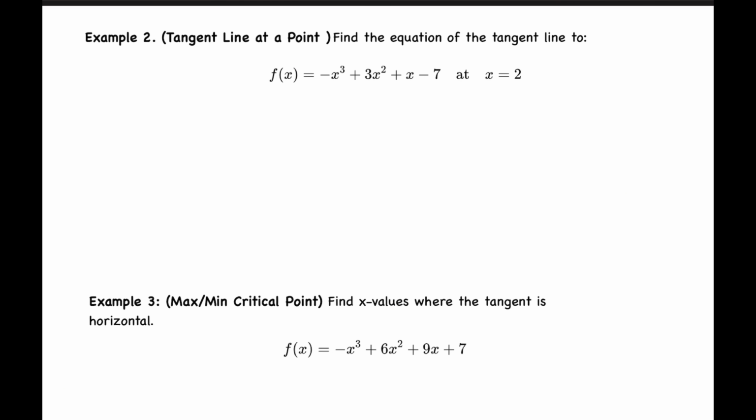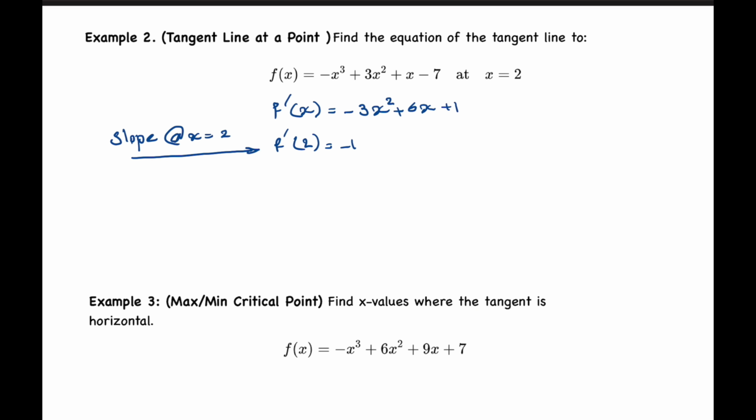Example 2. Find the equation of the tangent line to f(x) = -x^3 + 3x^2 + x - 7 at x = 2. Okay, first we need the slope, so let's take the derivative. The derivative is -3x^2 + 6x + 1. Now plug in x = 2, and we get -12 + 12 + 1.